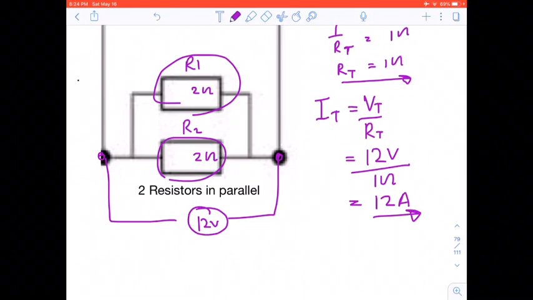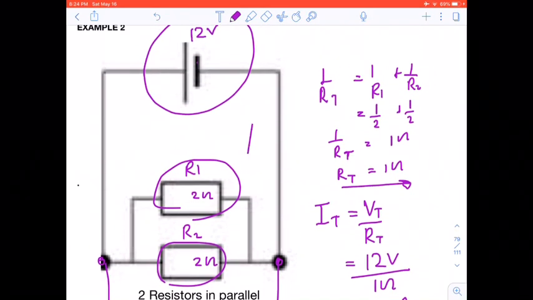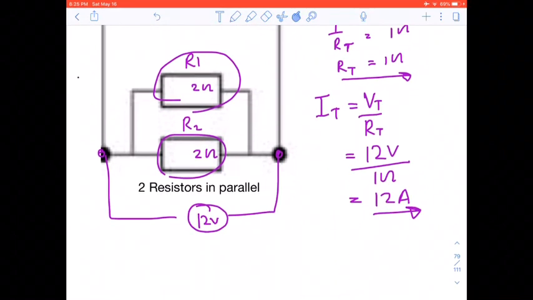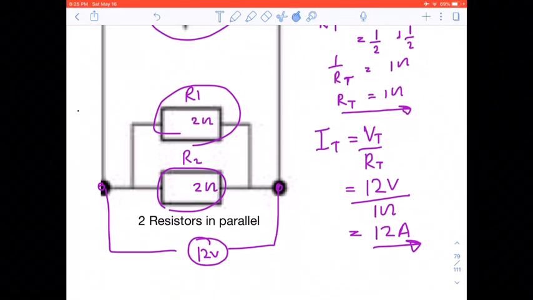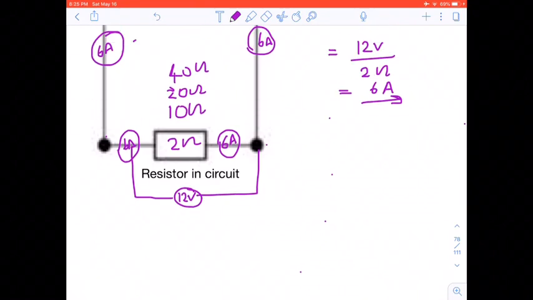So you have two resistors, but these two resistors aren't connected in series, they're connected in parallel. See what has happened to your current in the circuit. The current in the circuit has increased, and it's actually 12 amps. See, there we had 6 amps when we had one resistor.